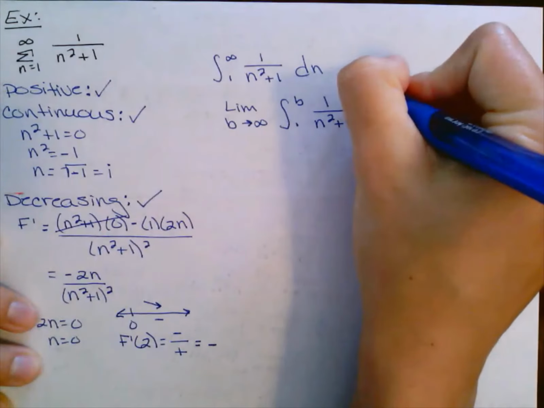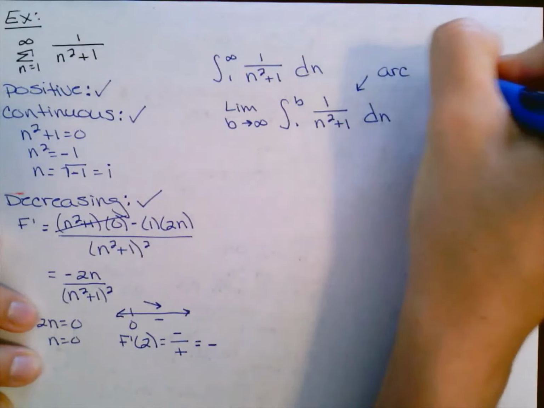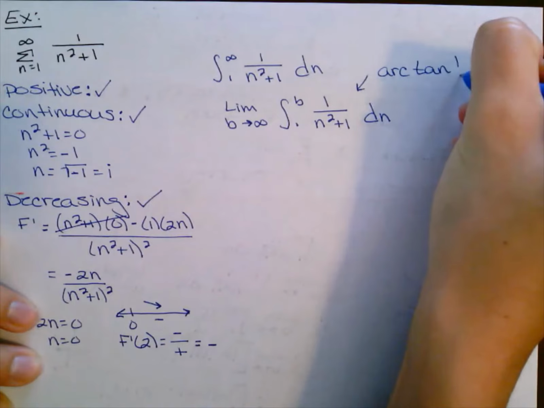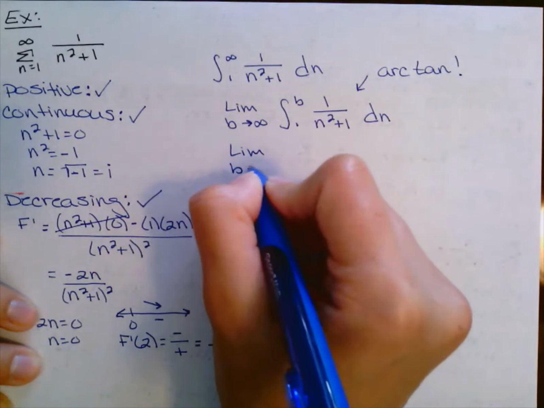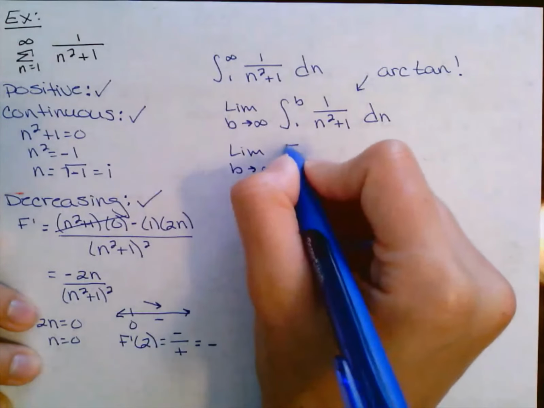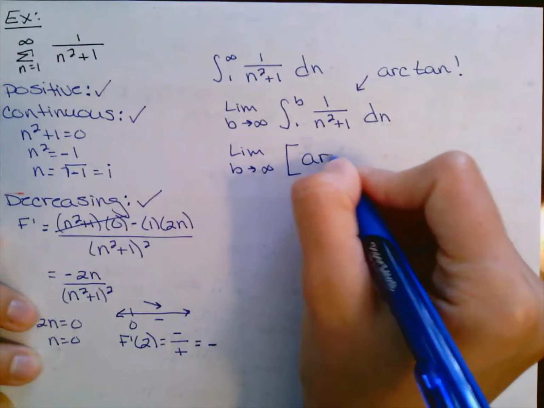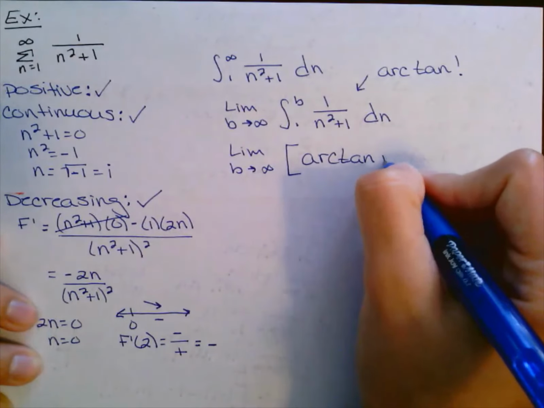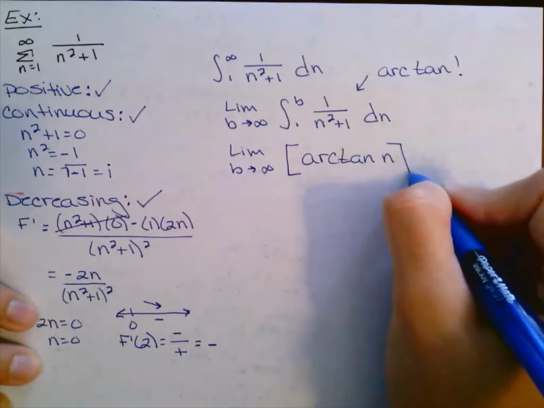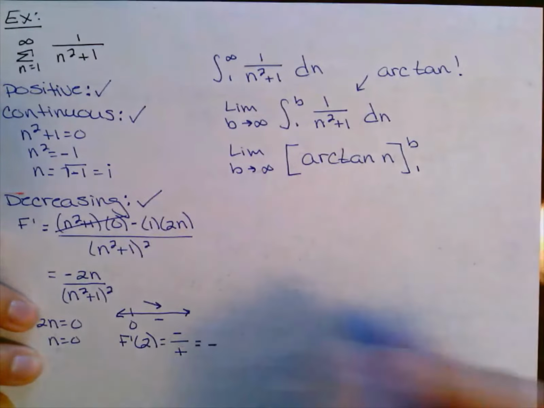Memorize it. Know it, okay? So I can say the limit as b approaches infinity of arctan of n, right? Because my variable is still n there, from 1 to b.